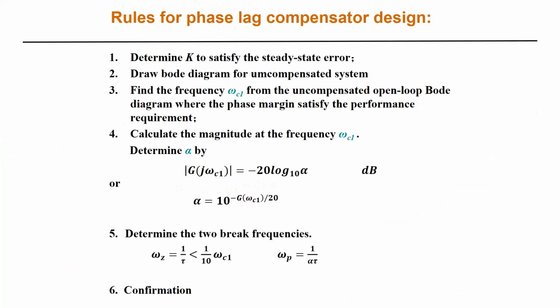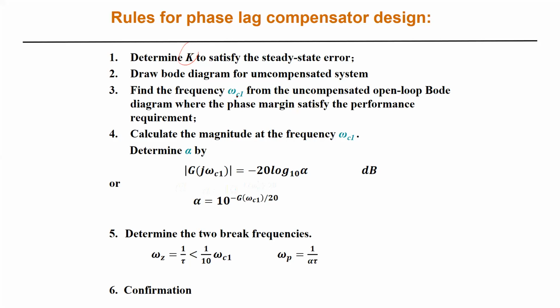If no question, let's go. Before the example, this is a procedure, the steps in the design. First of all, determine K, which will satisfy steady state error, which is the same thing which we have done before. Draw the Bode diagram for the uncompensated system with the gain only.